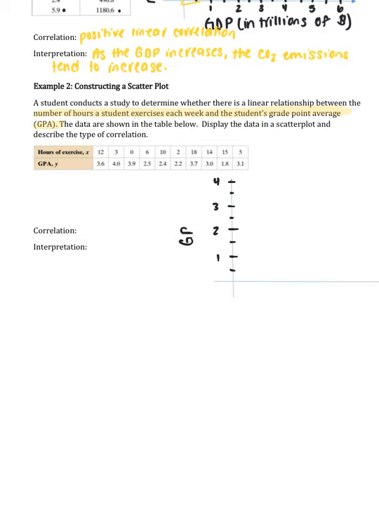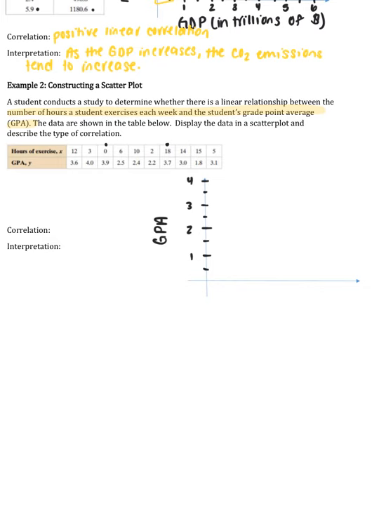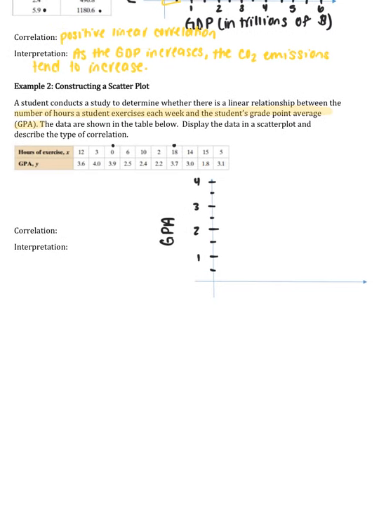So we've got GPA, and the number of hours of exercise per week, it looks like we're going from 0 to 18. So I am just going to go by twos. 2, 4, 6, 8, 10, 12, 14, 16, 18.